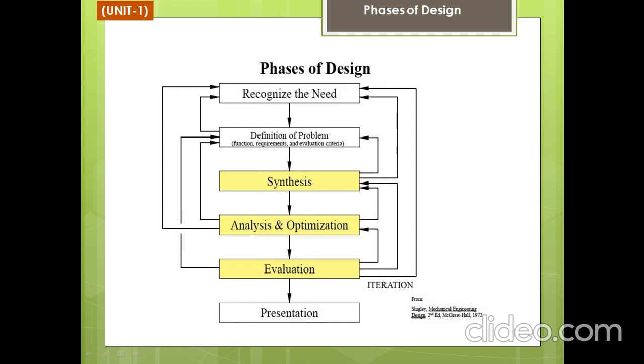After this, now you look, the arrow here goes again to recognize the need. It means in the process of definition of problem, you have to go and see what the needs of the customer are.